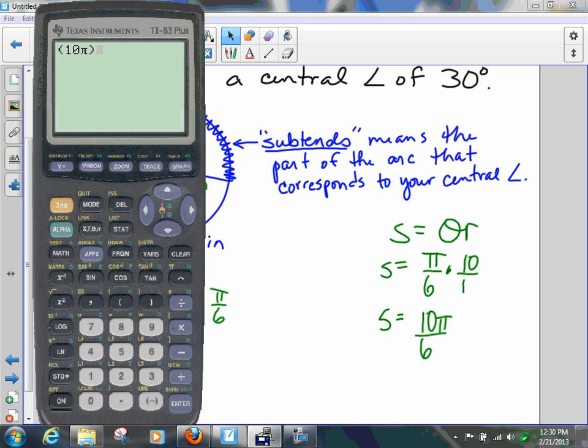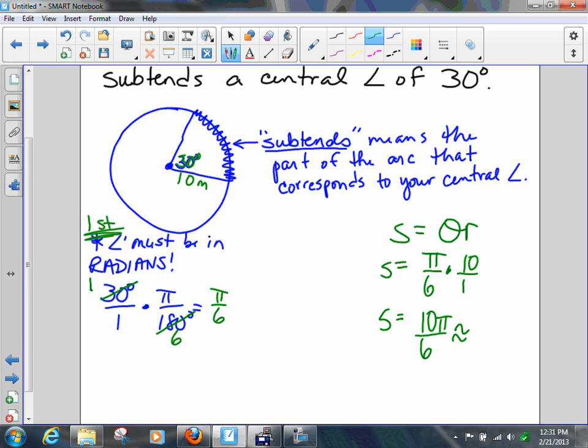It's under the clear button in yellow. It's the caret. You have to hit second caret, okay? Divided by 6. Now, are we more likely to find a ruler that is 5.2 meters long or 10 pi over 6 meters long? You make one and you'll make millions, or maybe at least thousands.